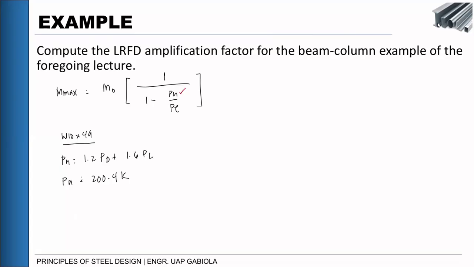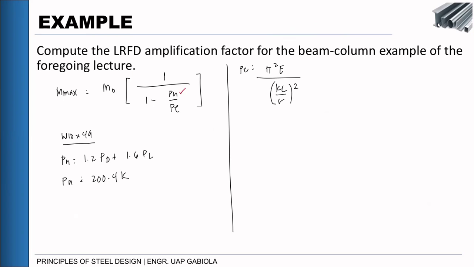The next value that we need is the value of P sub E. So our equation for P sub E, of course, is pi squared E over (KL over r) squared.